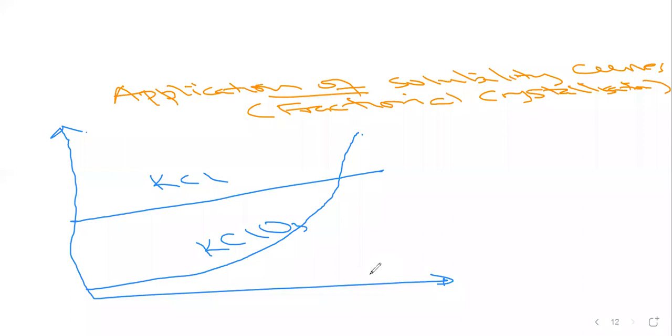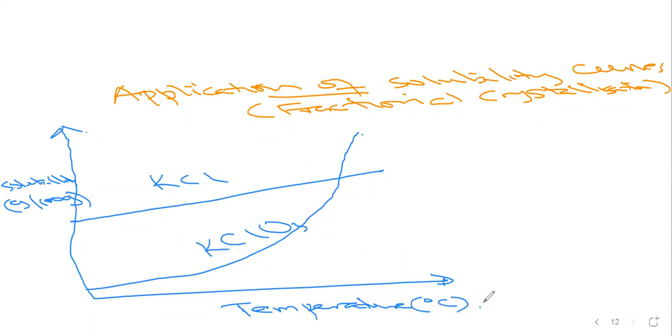Its solubility would vary in that format that you're seeing on your screen. The solubility here is grams per 100 grams. Then here we have temperature in degrees Celsius.